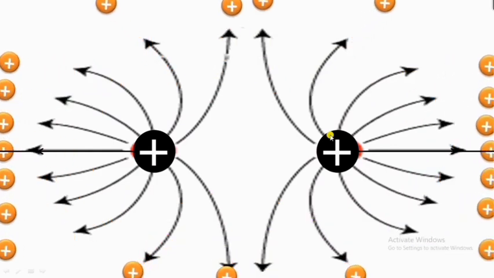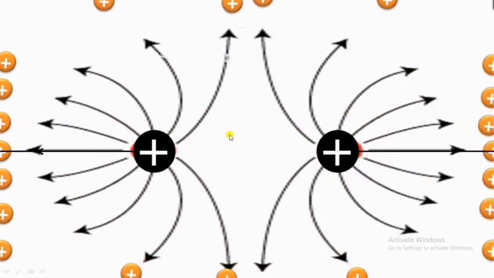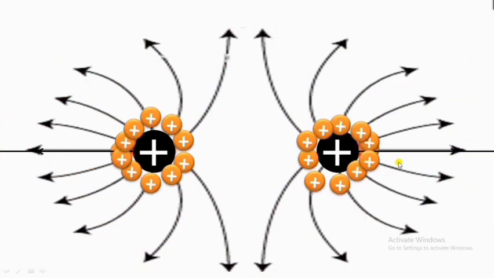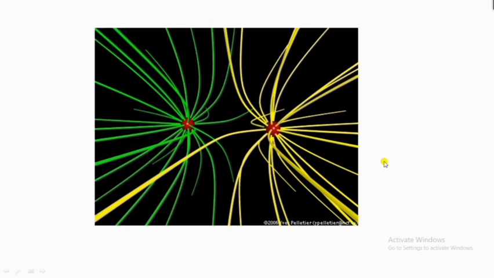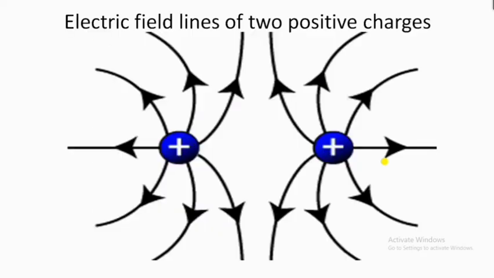So they will form this kind of path. In the middle there will be no lines, but on this side there will be crowded lines. This is a 3-dimensional picture for your understanding, but you don't need to copy this. This is the final diagram for two equal positive charges.